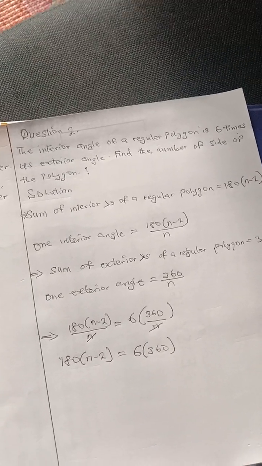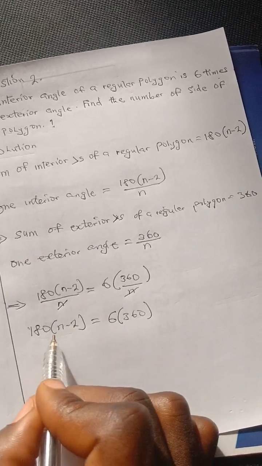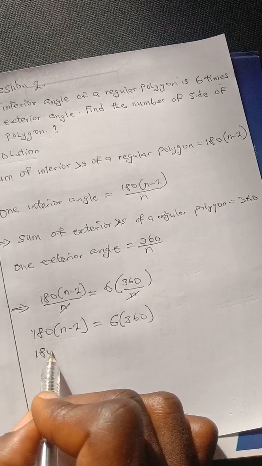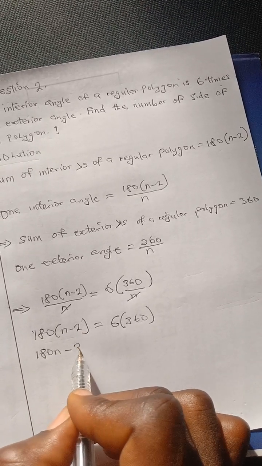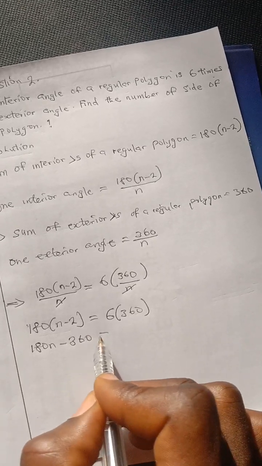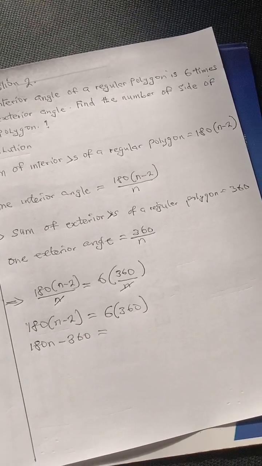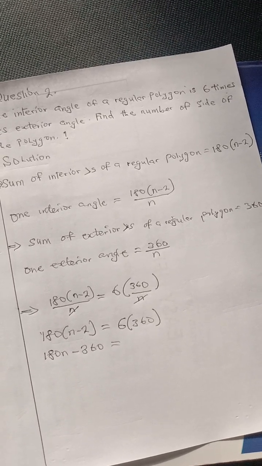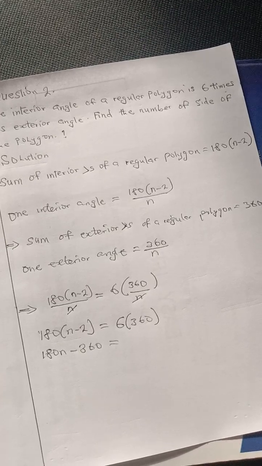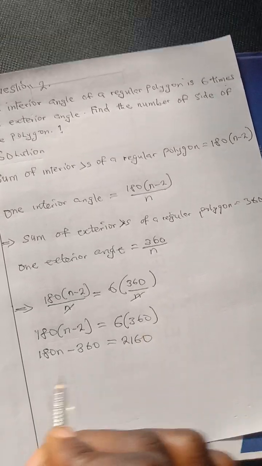So if you multiply 180 by this, you have 180n minus 180 times 2, which is 360, equal to 6 times 360, which is 2160.